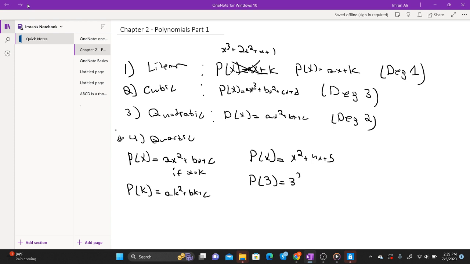So this is 3 squared plus 4 times 3 plus 5. 3 squared is 9, 4 times 3 is 12, so we have 12 plus 9 plus 5. 12 and 9 is 21, plus 5 is 26. So that's how you find the value of a polynomial when they ask for p of k and give you p of x.